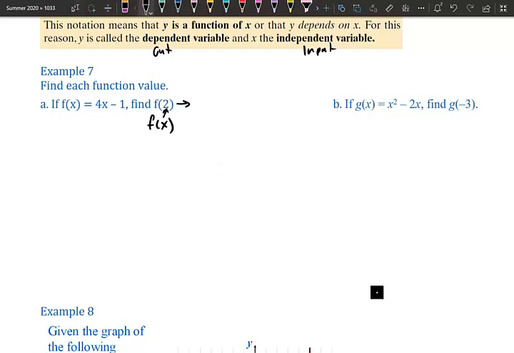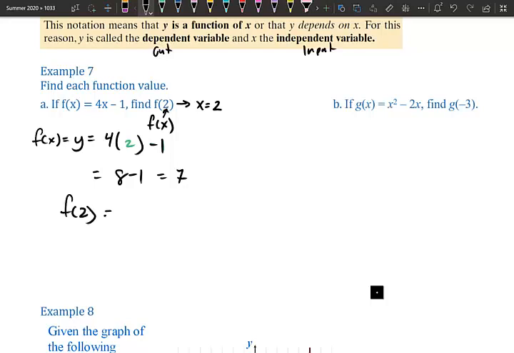That's telling us that x equals 2 and to plug it in. f of x is just the same thing as y, so y equals 4 times 2 minus 1. 4 times 2 is 8, 8 minus 1 is 7. We write our answer in function notation: f of 2 equals 7, meaning we plug in 2, we get 7.